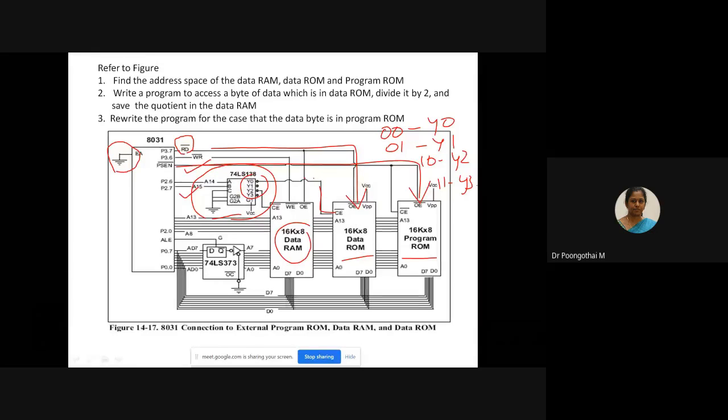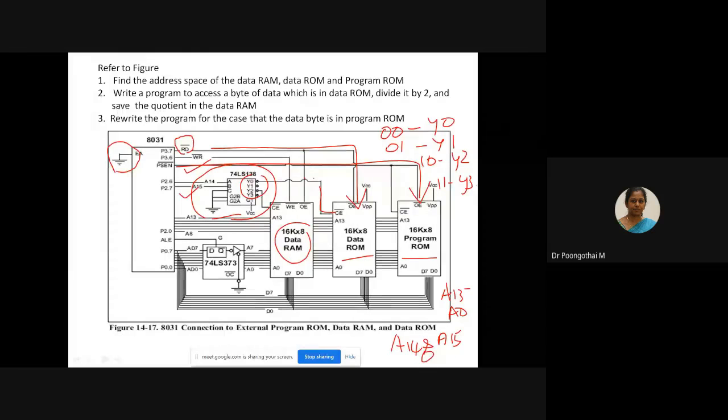So the chip select can be generated by using the 74LS138 decoder for your data RAM and data ROM. For program ROM, only the address lines from A13 to A0 are utilized, and A14 and A15 are ignored.